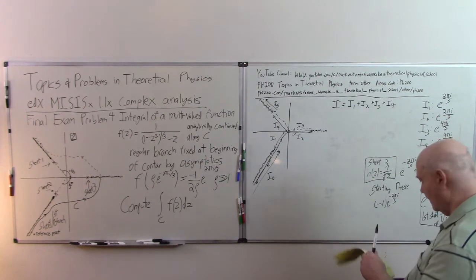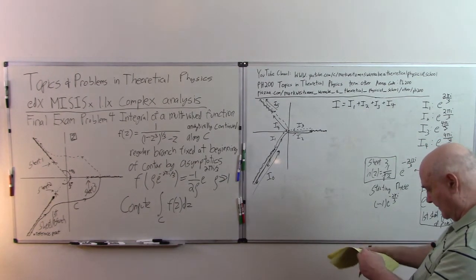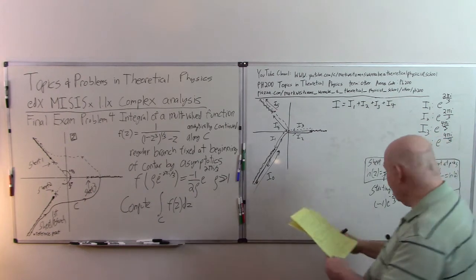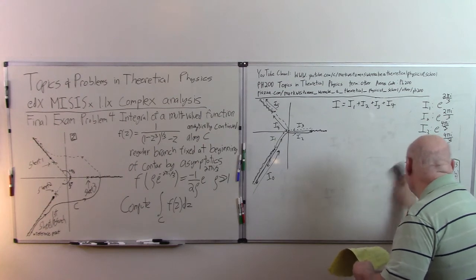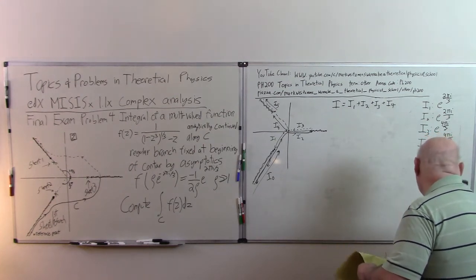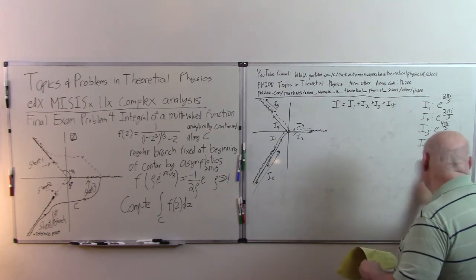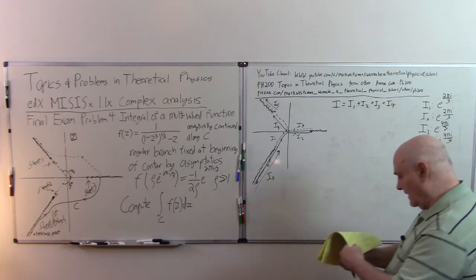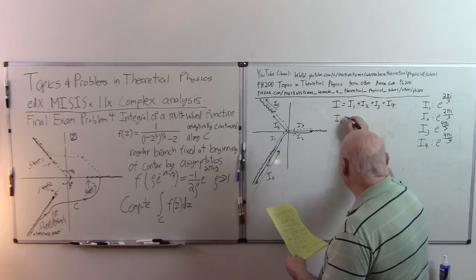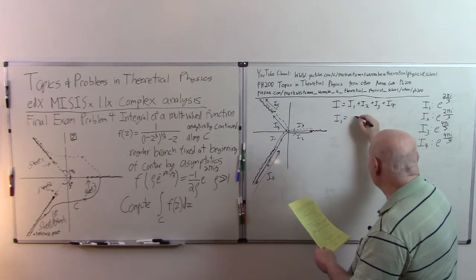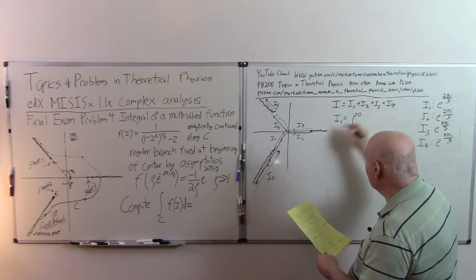Let's write out our four integrals. I1 is equal to the integral. We go from 1 to 0. We're on this thing.